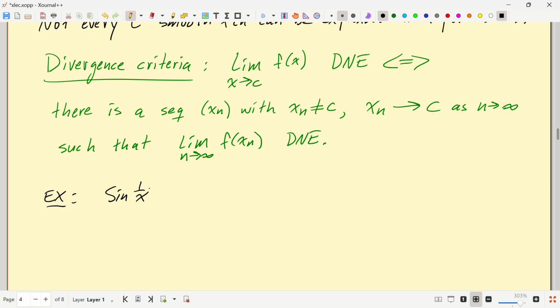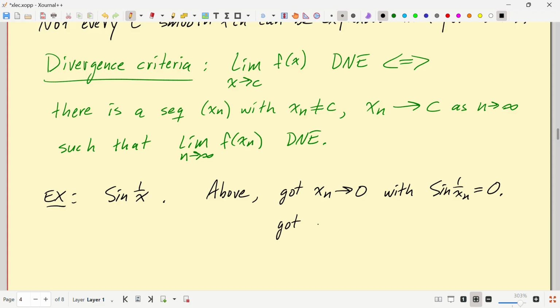I got you a sequence, so above, I got an xn tending to 0 with sine of 1 over xn equals zeros. And I called them both xn last time, but now I'll call this one a yn tending to 0 with sine 1 over yn equal to 1.